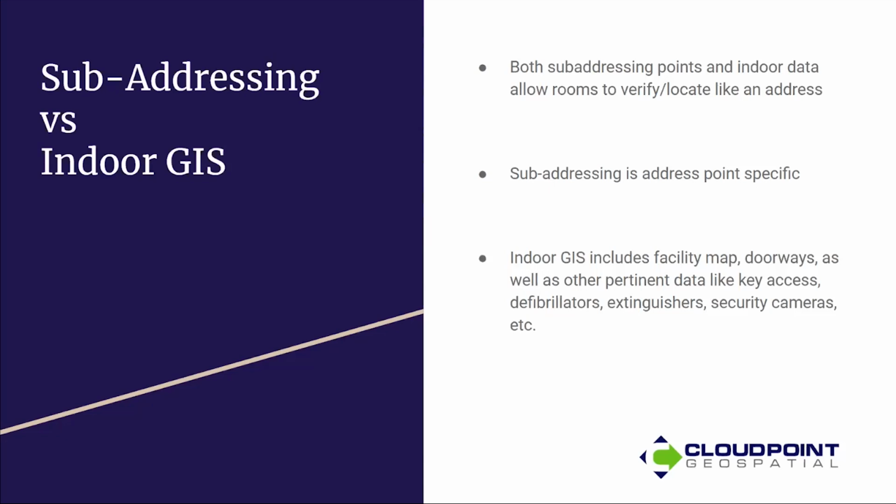So while we can do sub-addressing for, say, a school, those are just points on a building, and they're points that are estimated at where the room may be located in the building without actually having the facility map displayed on the data.